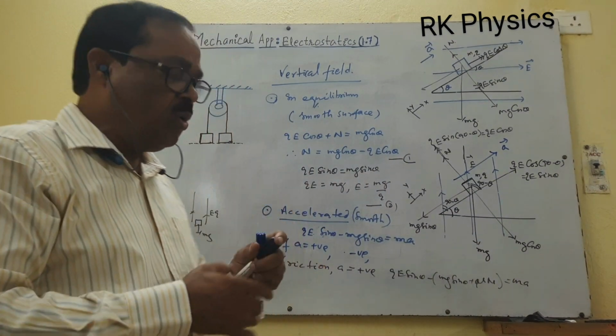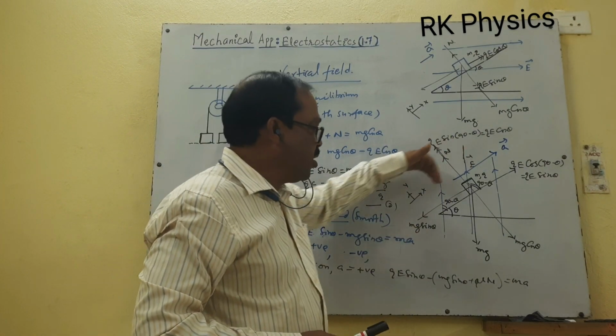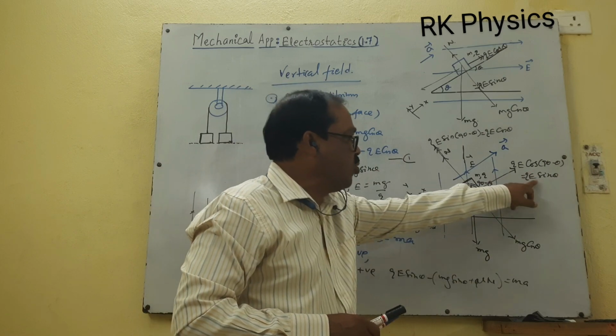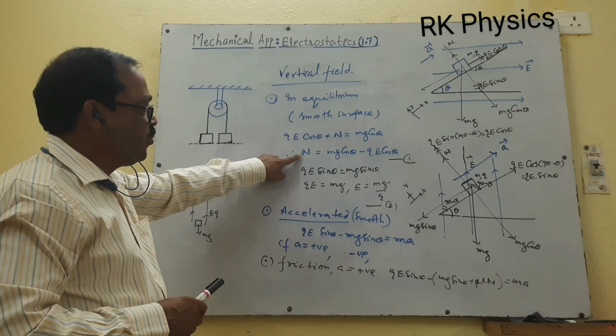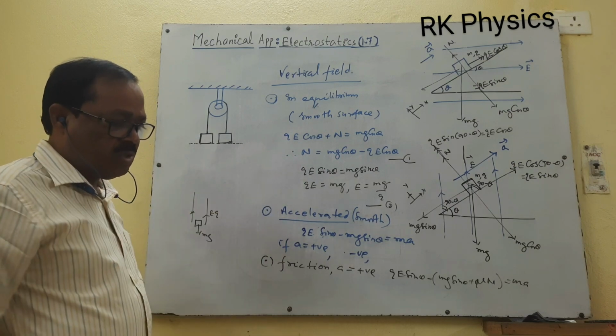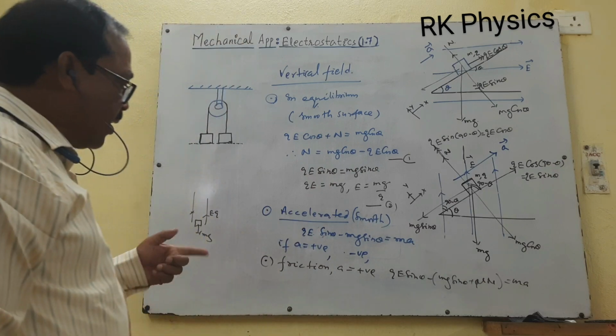Friction means mu into normal reaction, added to mg sin theta. If the body is moving down, you add mu into QE sin theta. Okay, what is n? N is given in equation 1. Its value remains the same. So these are the cases in the presence of electric field.